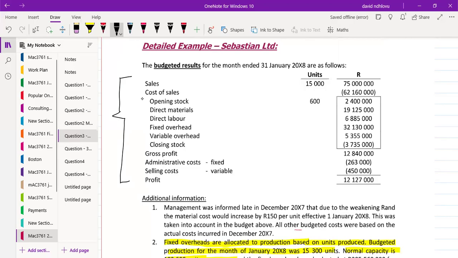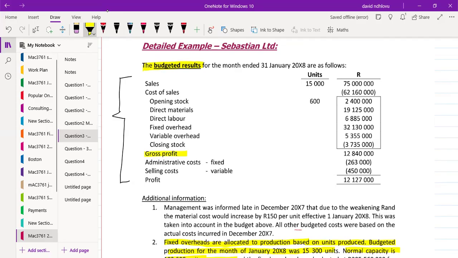But now we need to look at this budgeted statement and say, is it based on the principles of variable costing or absorption costing? You need to know the structure of an absorption costing statement and that of variable costing. So when we look at the question here, we can clearly see gross profit. You automatically know that this is absorption costing as long as there is gross profit.